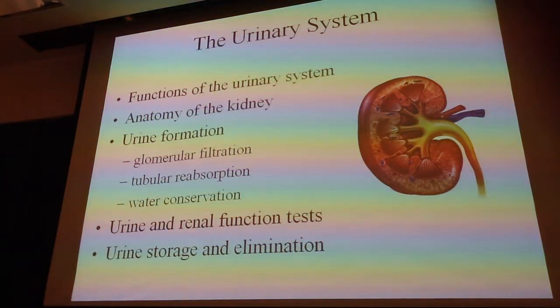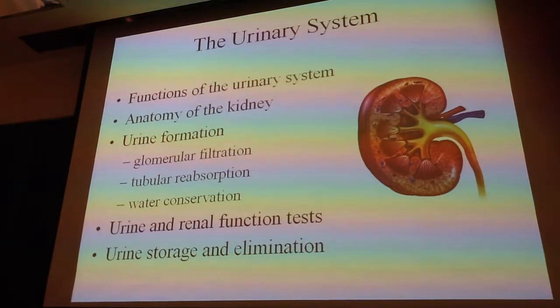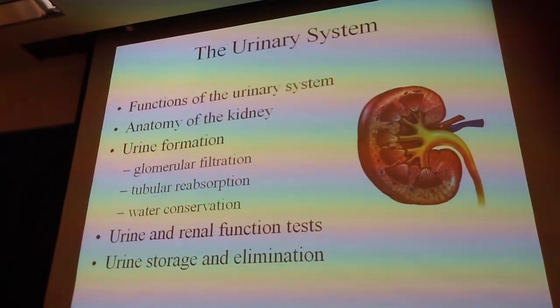But if we have white blood cells present in the urine, then that's usually indicative of a urinary tract infection. And it could be pyelonephritis, or cystitis, anything like that. The other thing that we look for is protein.